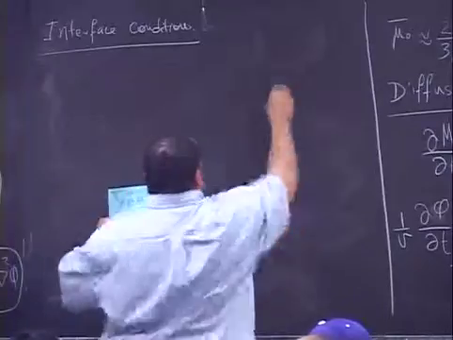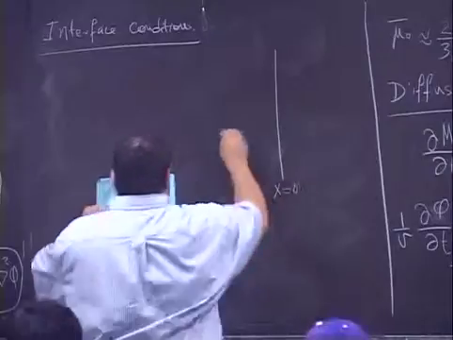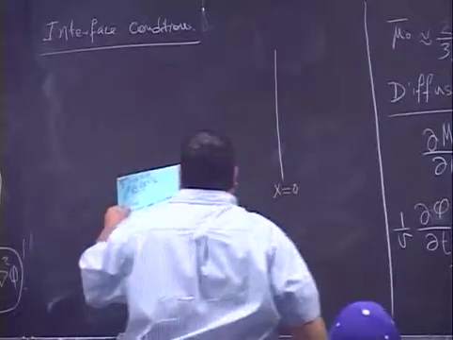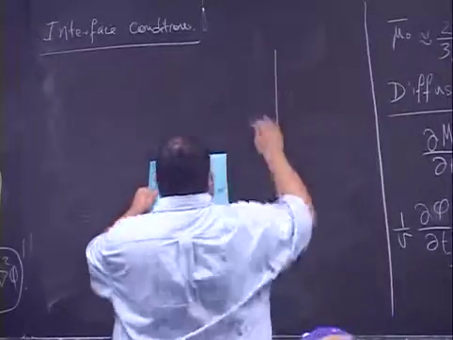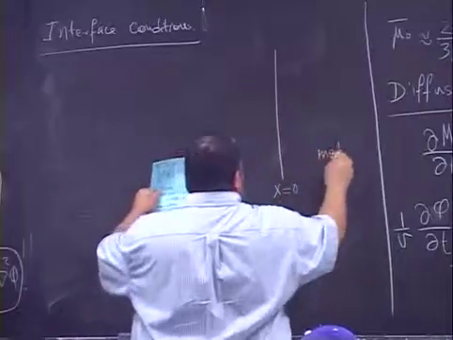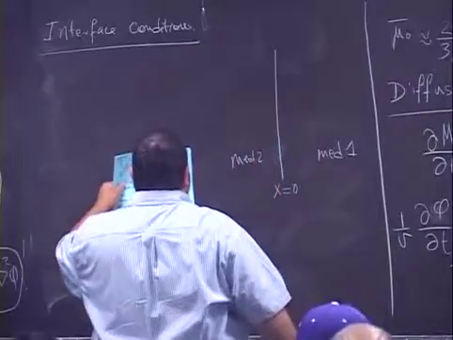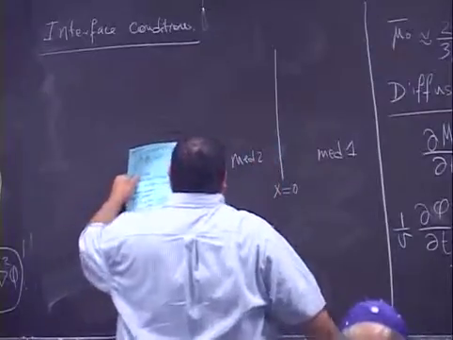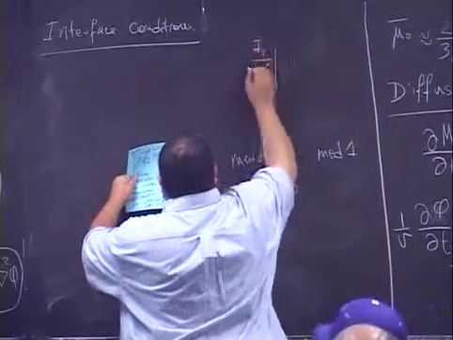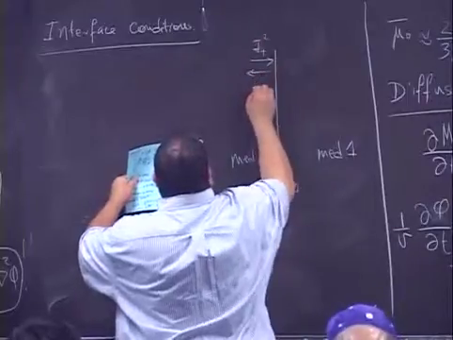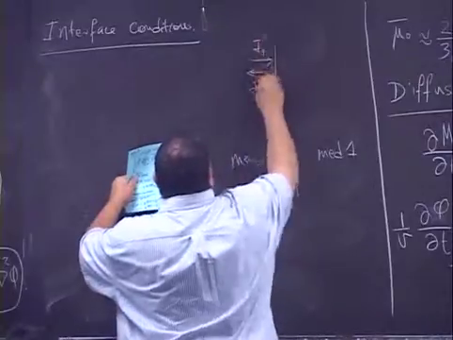So if you have an interface at x equals 0 between medium 1 and medium 2, let's say that this is infinitely long, and this is medium 1 and this is medium 2, and let's say that this is the current J plus in medium 2 and this is J minus in medium 2.